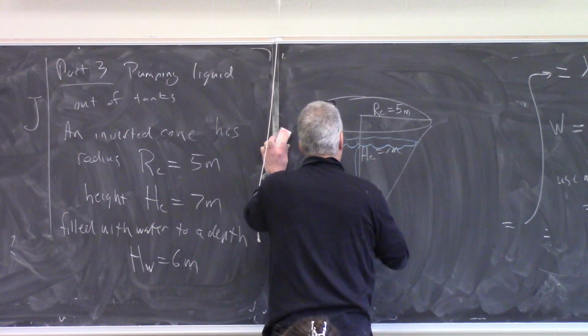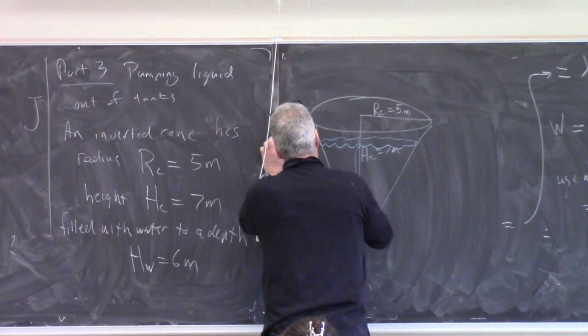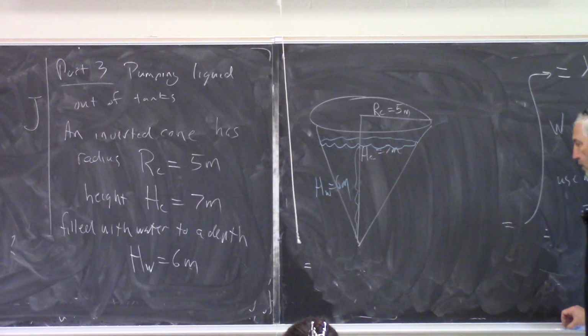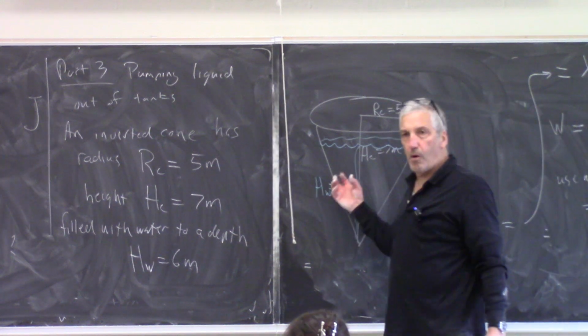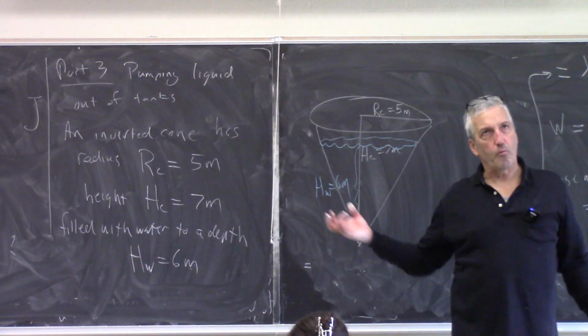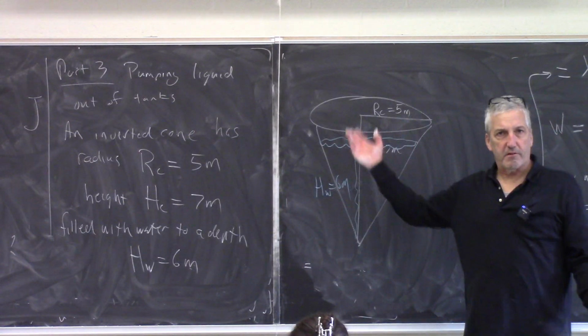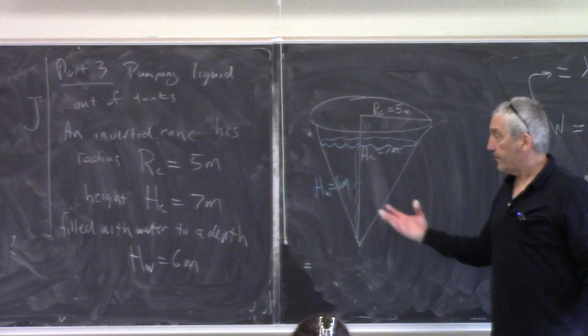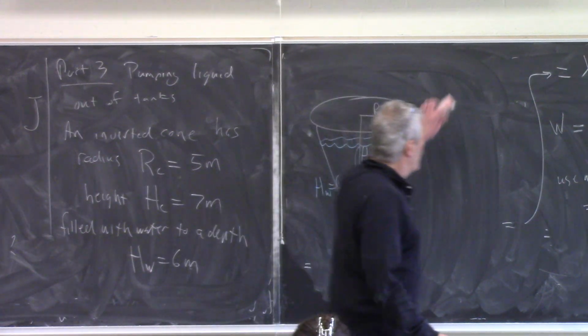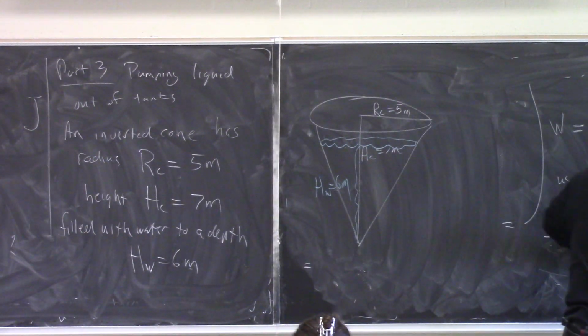So the height of the water is 6 meters. The question is, how much work is required to pump all this water out of the cone? That means you just have to get the water up to the lip of the cone. From there, it just spills out and goes away. So how much work is required to pump that water up to the level of the rim of the cone?